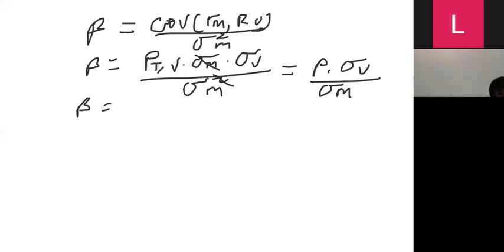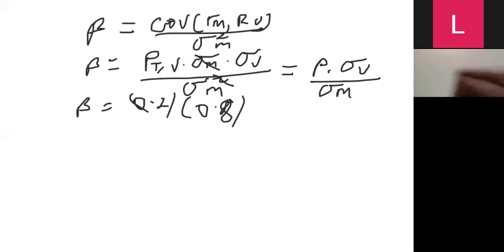From the question we were given that our correlation is 0.2, multiplied by the volatility of venture capital, which is 0.8, and the volatility of the market represents that of Tanglewood, which is 0.25.